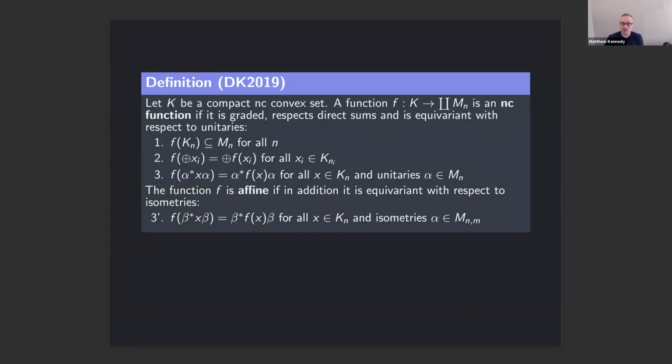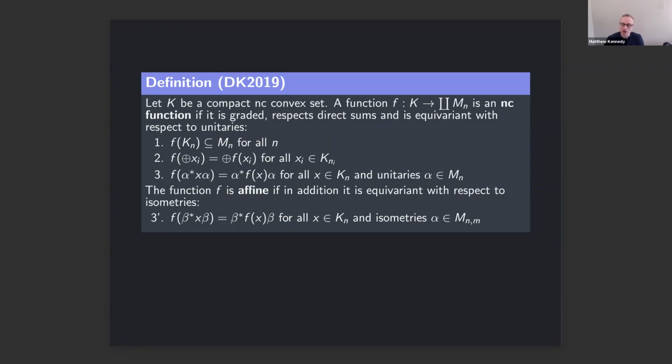And this motivates the definition of an NC convex function more generally. So this is a function defined on an NC convex set K. It takes K to matrices of appropriate sizes, so elements in Kn get sent to matrices in Mn. It respects direct sums, and it's equivariant in an appropriate sense.